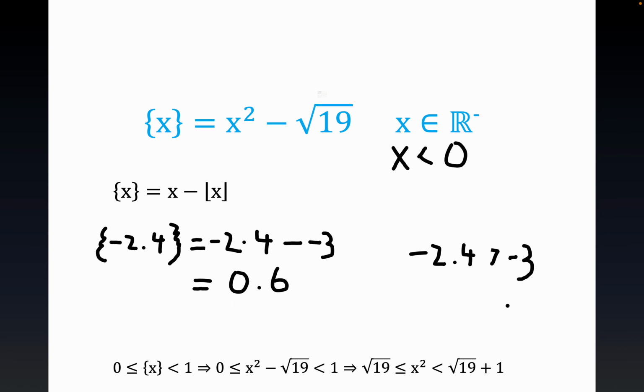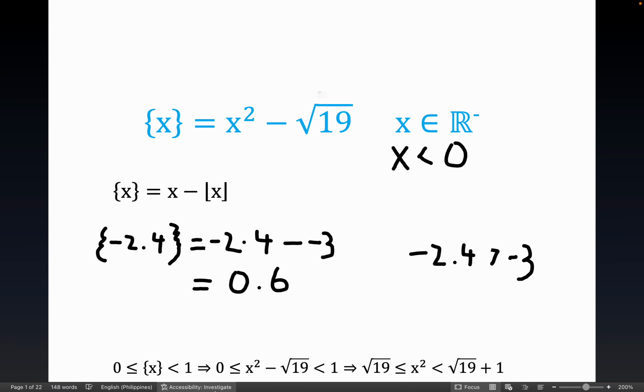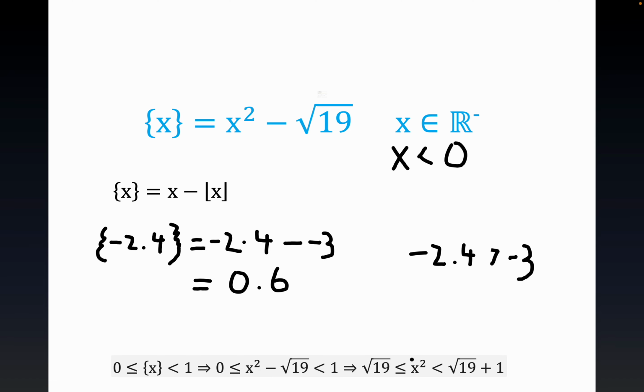Now, this is also a truth: the fractional part's always going to be a number between 0 and 1. I won't prove it formally, but it sure better be the truth. And that leads to this result right here, just processing the information.